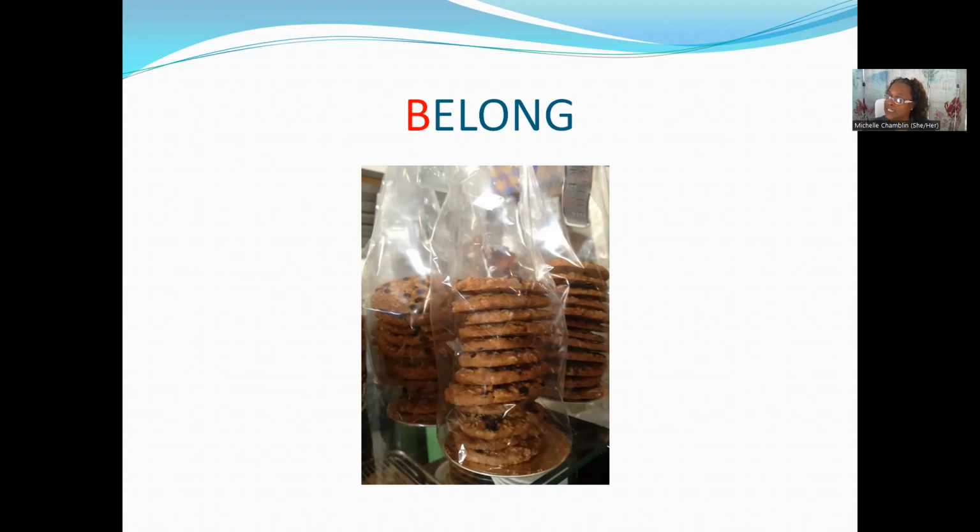They belonged to the gentleman that was sitting by the window, who smiled the whole time while she was eating his cookies.